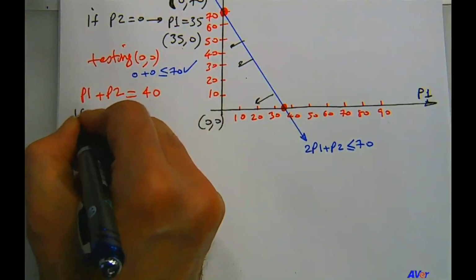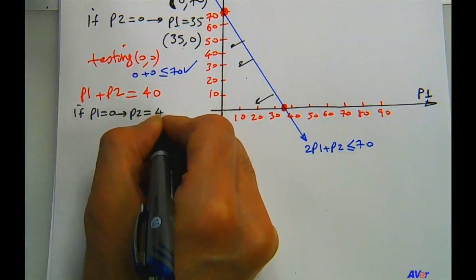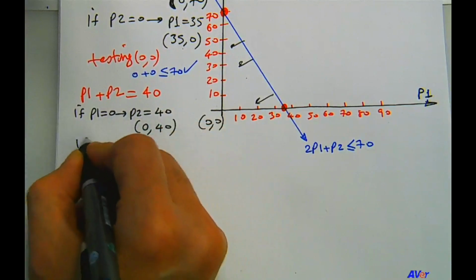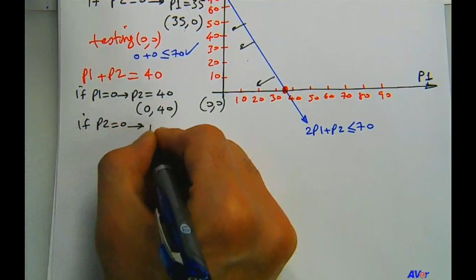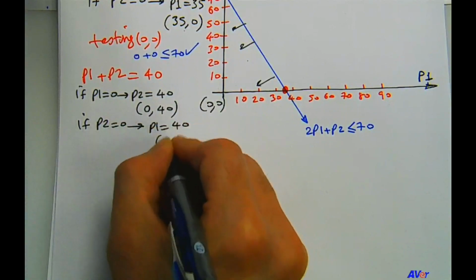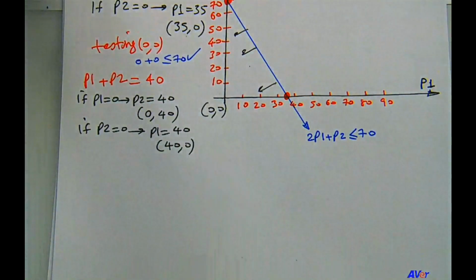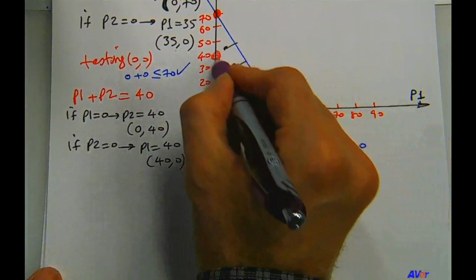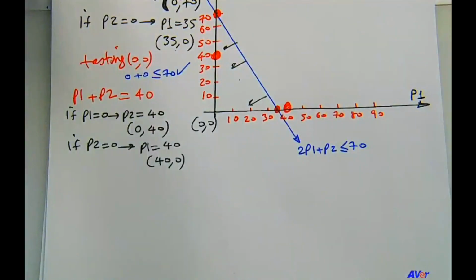Okay, so if P1 equals 0, then P2 equals 40. So we have 0, 40. If P2 equals 0, then P1 equals 40. So we have 40, 0 as the x-intercept. So let's plot these. We have 0, 40 and 40, 0.